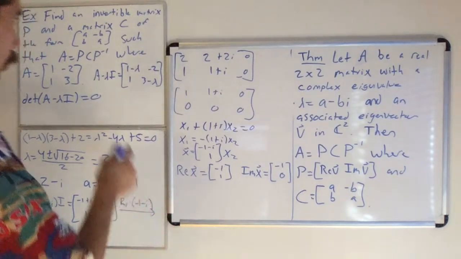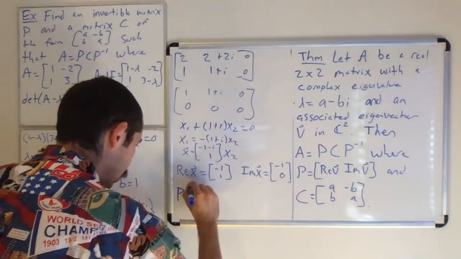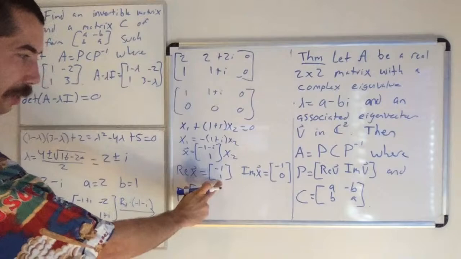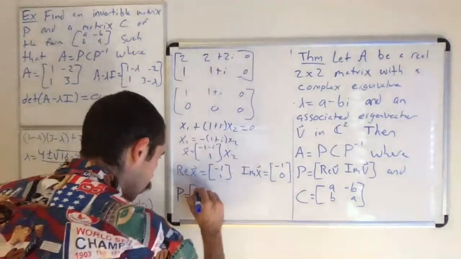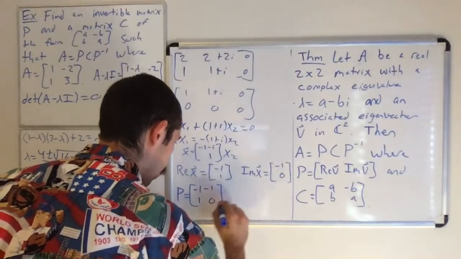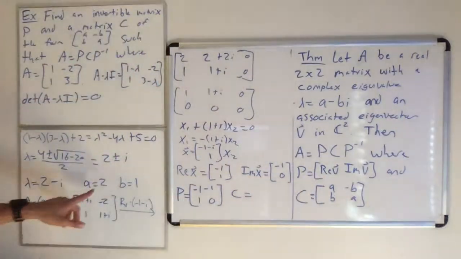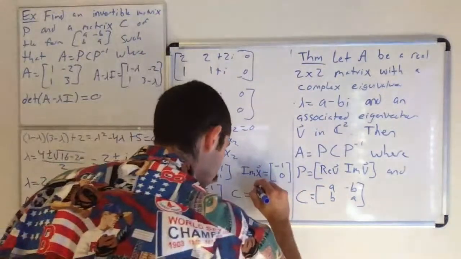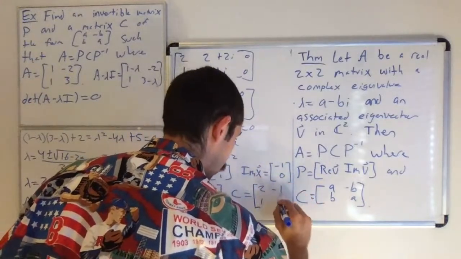Okay, and so P is the matrix whose first column is the real component, whose second column is the imaginary component. And C is the matrix A B, -B A. So 2, 1, -1, 2.